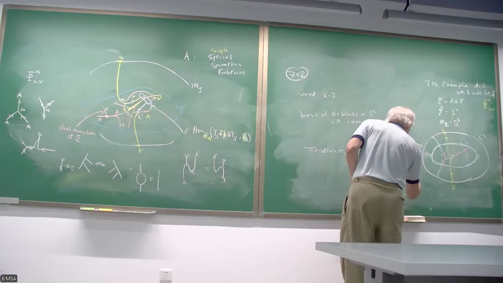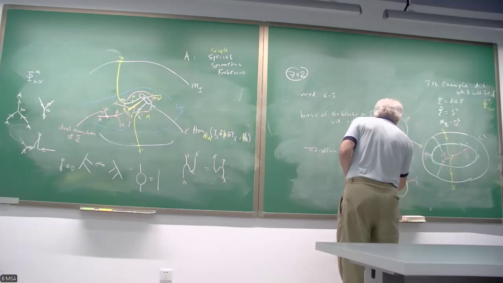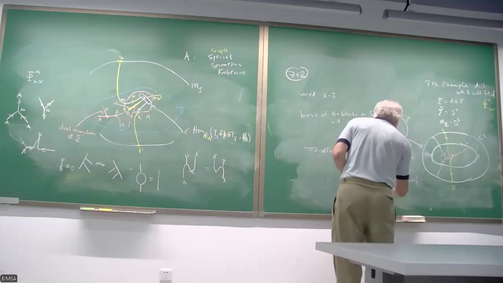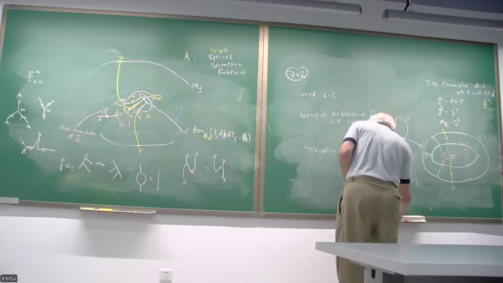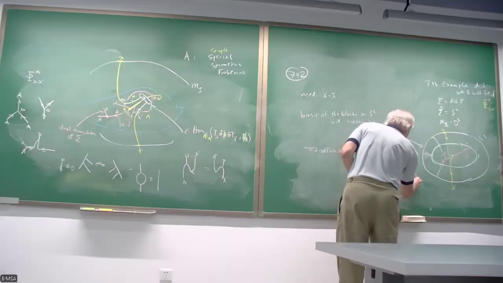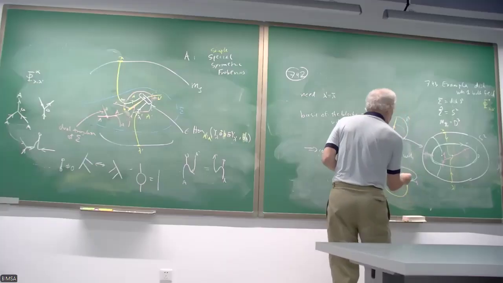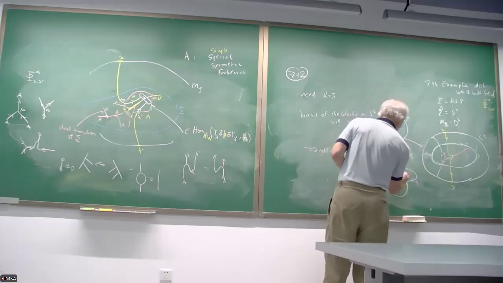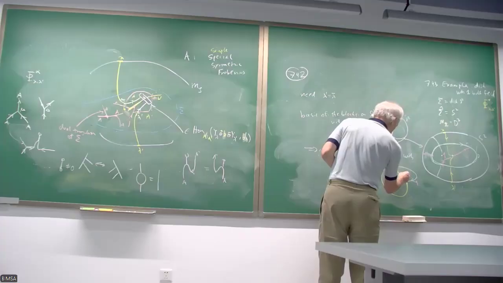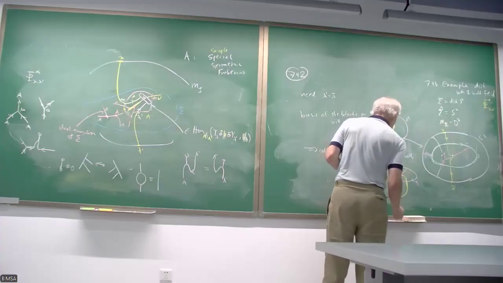So here I have M, here I have lambda, and then I have my A in between. And then I have A, where here I have a morphism of this type.